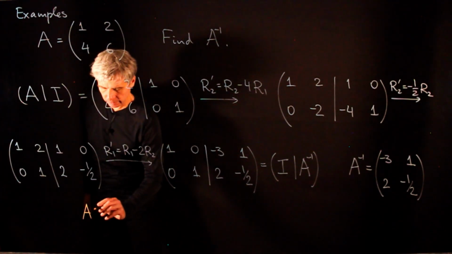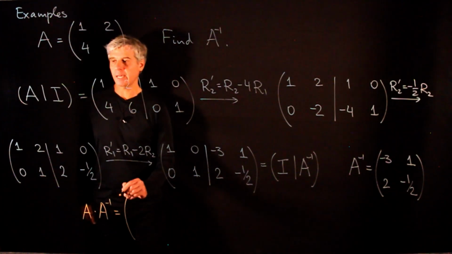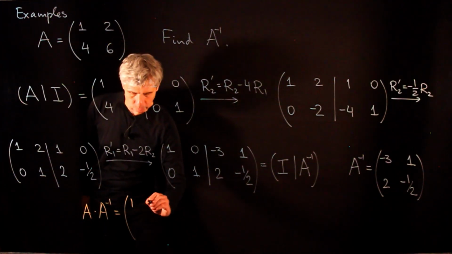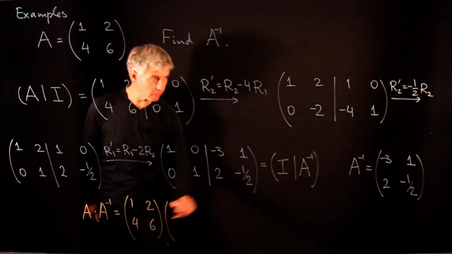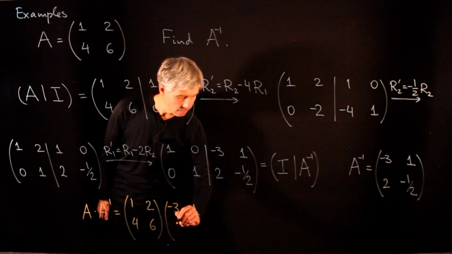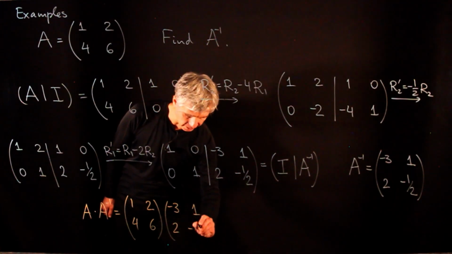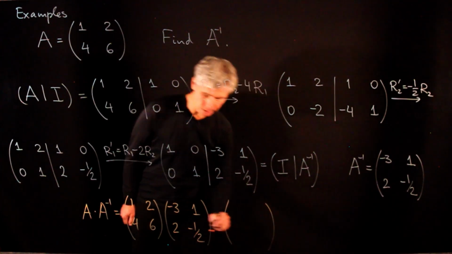So let's just compute A times A inverse. So here we have A is 1, 2, 4, 6. And our answer for A inverse is negative 3, 1, 2, negative 1/2. So let's multiply these two matrices.